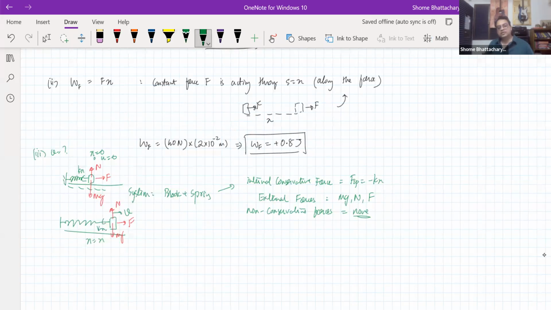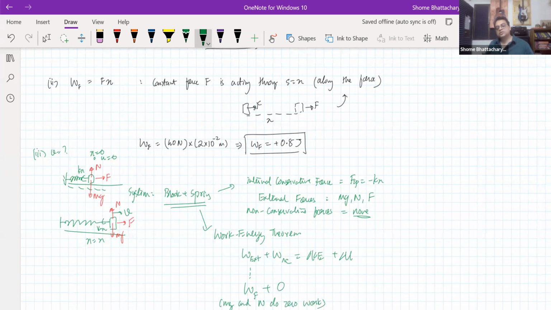So if we apply the work energy theorem to this system, we'll say work done by external plus work done by non-conservative is change in kinetic energy plus change in potential energy. So here, this term will become work done by F only. Why? Because mg and normal reaction do 0 work.